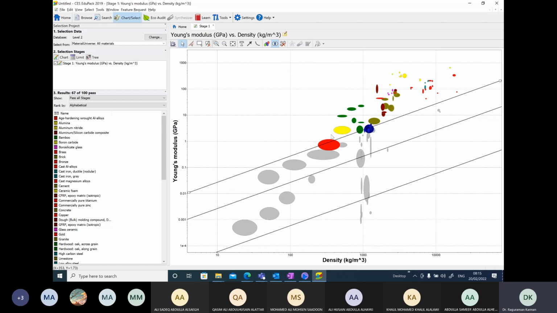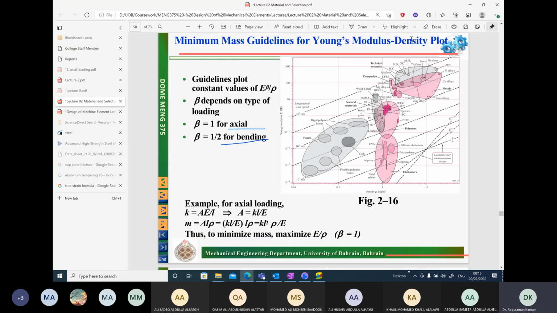By drawing this line, only materials above this line are considered. Okay, so in the same way, you can manually do the same thing. Once I provide a chart like this, you will be able to draw some lines. And since you want to maximize, that means you want to go in this direction above and specify only materials above the line to be selected.